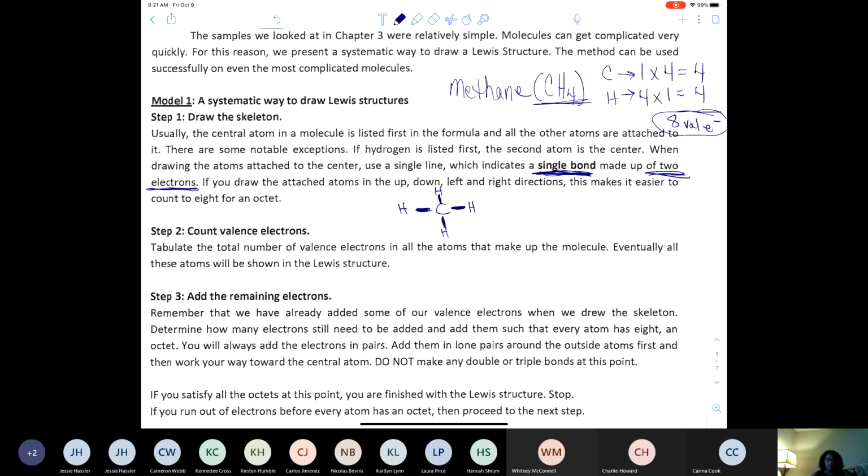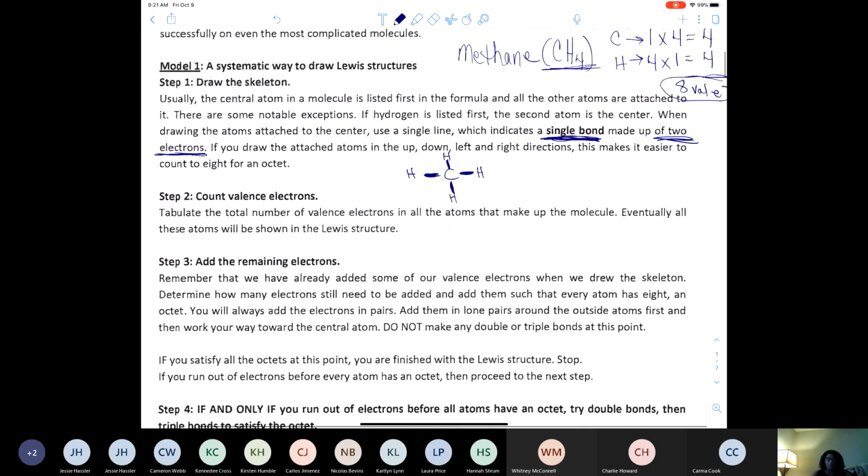And so I am done with methane on step 2. I already drew my skeleton, and I put in 8 when I drew it, and 8 is all that I needed. So I don't have any remaining electrons to put in. This is our complete Lewis structure for methane.